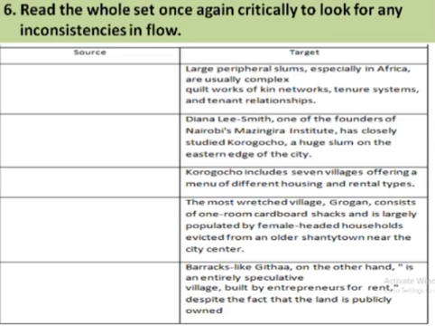Diana Lee Smith, one of the founders of Nairobi's Mazingira Institute, has closely studied Korogocho, a huge slum on the eastern edge of the city. This sentence can also be written as a standalone sentence, but yes, Africa 1 can come before that because it's about a continent, and now we are going into depth.